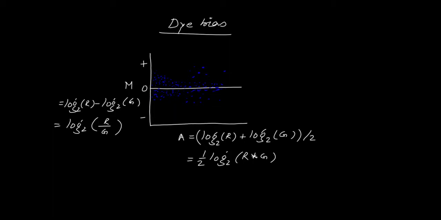So one could have some kind of cutoff like this, and say these are the values which are up regulated, and over here these are down regulated. This is the ideal scenario of what data would look like when there is no dye bias. But what happens when you have dye bias? When you have dye bias, the same plot would look like the following.